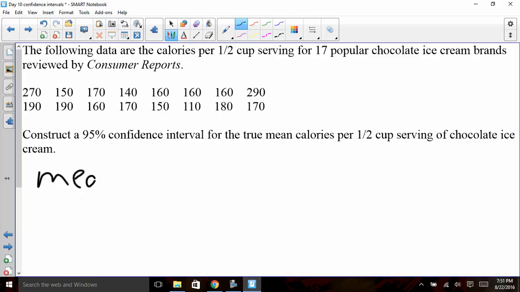So again, we're starting with that mean. So 2820 divided by 16, because there's actually 16 there.